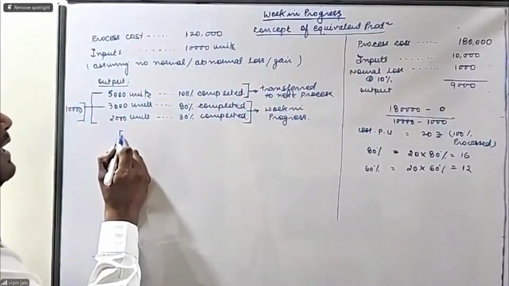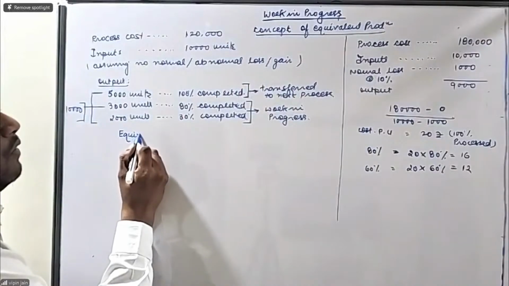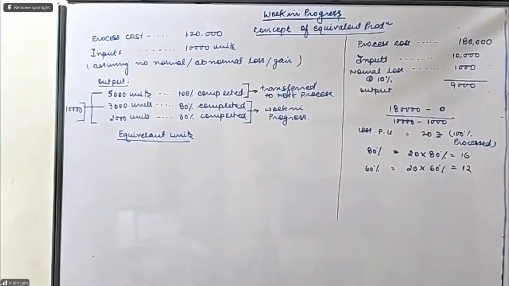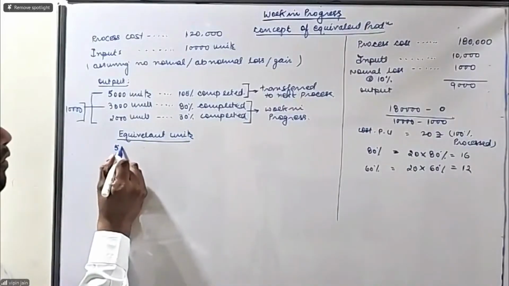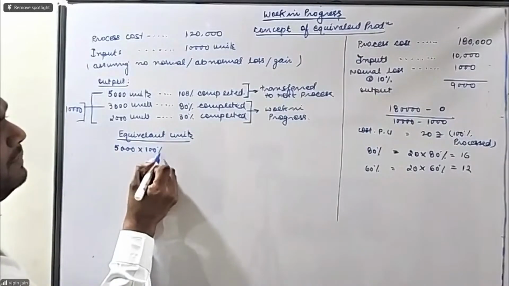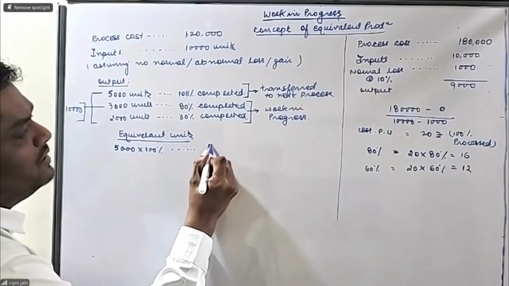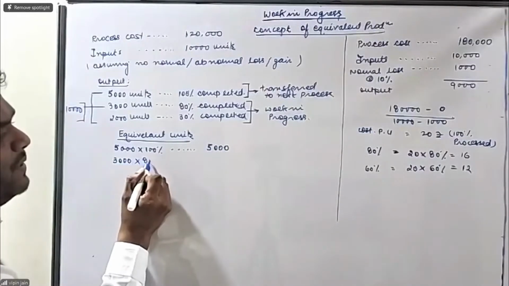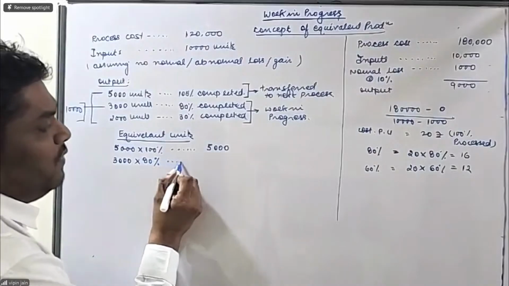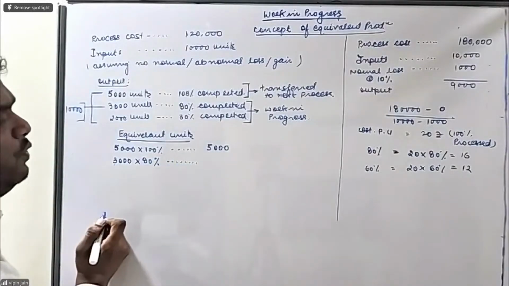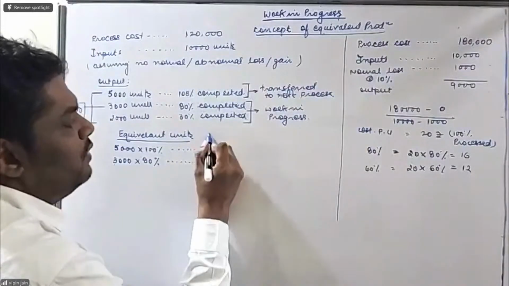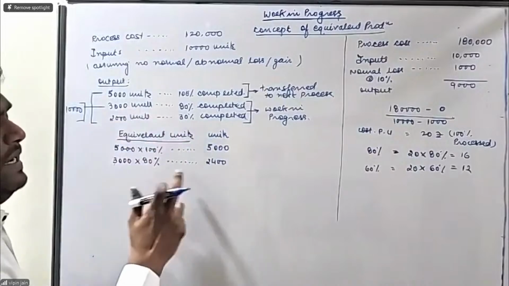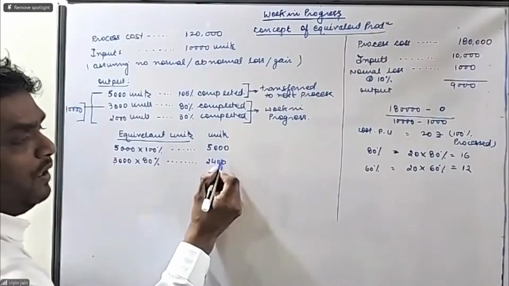For 5,000 units that are 100% complete, equivalent units will be 5,000. For 3,000 units that are 80% complete, the equivalent number of units will be 3,000 into 80%, that is 2,400 units.